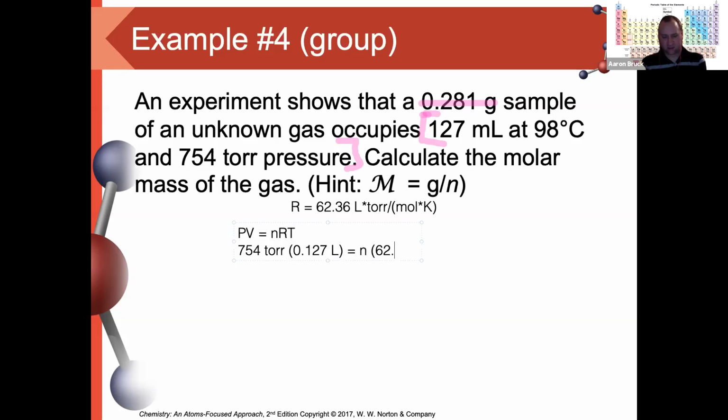R is 62.36 liter torr per mole Kelvin. And 98 degrees Celsius would be 371 Kelvin. So that's what our setup is going to look like.